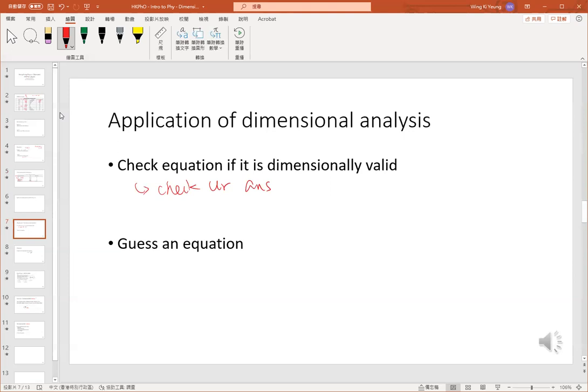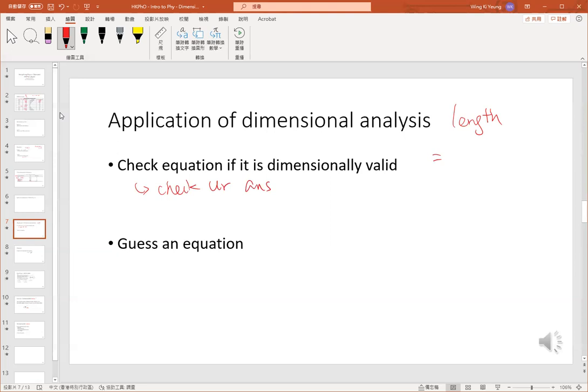So what do I mean? Let's say the question asks you to calculate a length or the distance of a path.